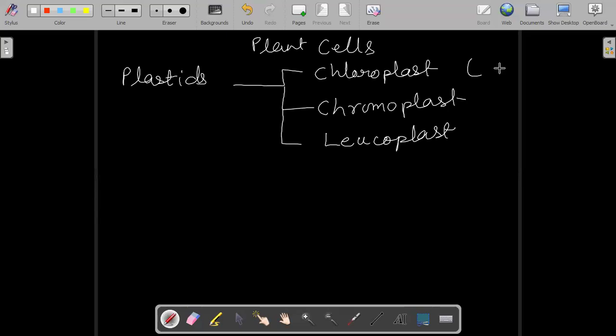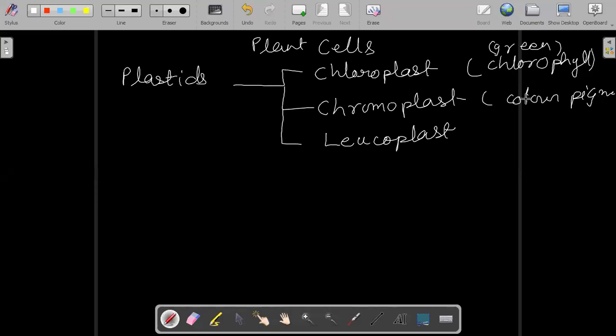Chloroplasts contain the green pigment called chlorophyll. The chromoplasts contain other color pigments. Since chlorophyll is the green pigment, it is contained in the chloroplast only. Chromoplasts contain other color pigments, like the red color pigments.